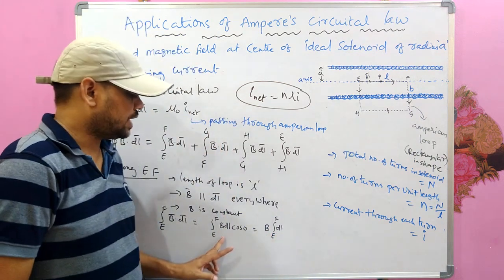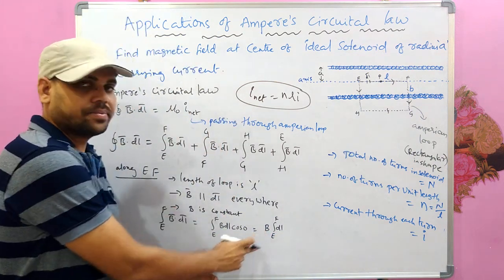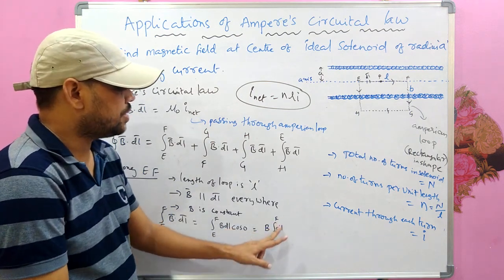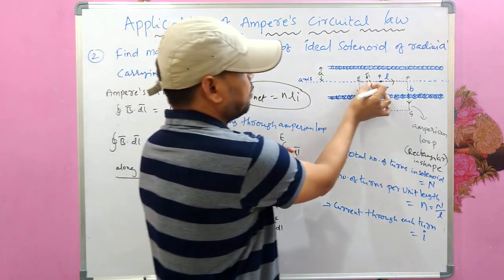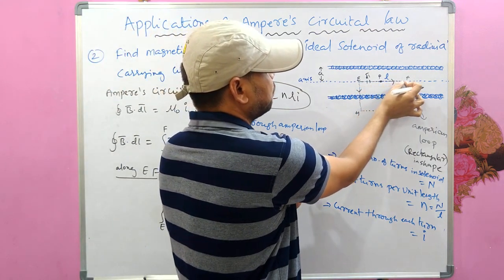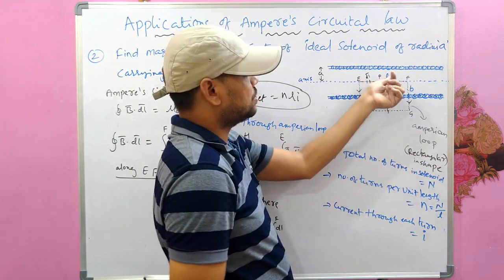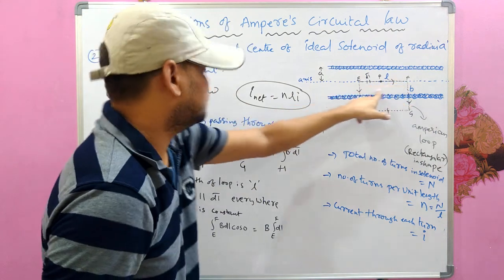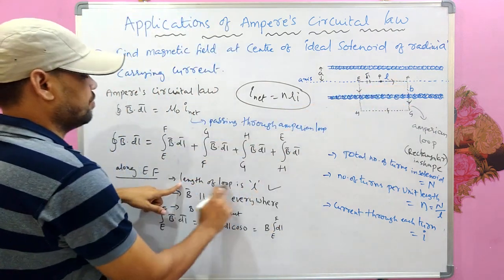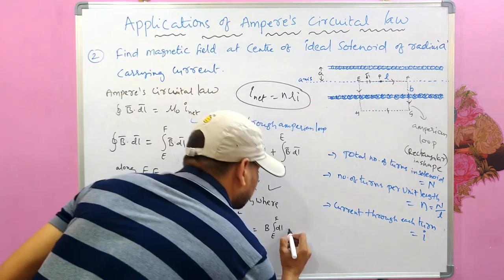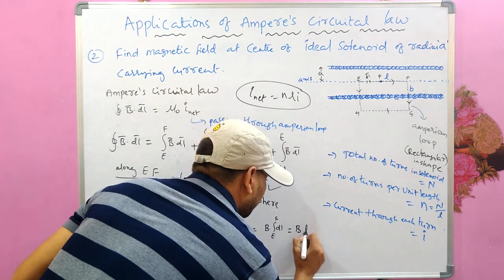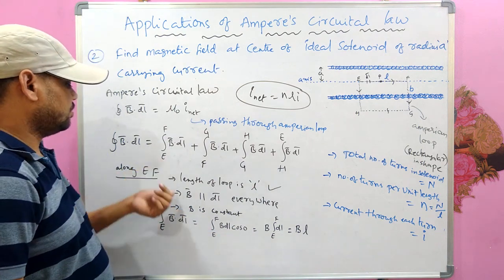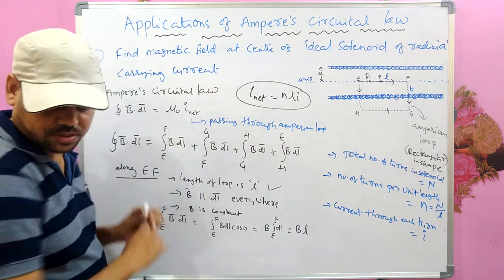B is taken outside the integral because B is constant and cos 0 is 1. And the integral from E to F of dl is what? The sum of all these dl's along EF, which is nothing but the total length L, which means this is B times L along EF. So this is calculated.